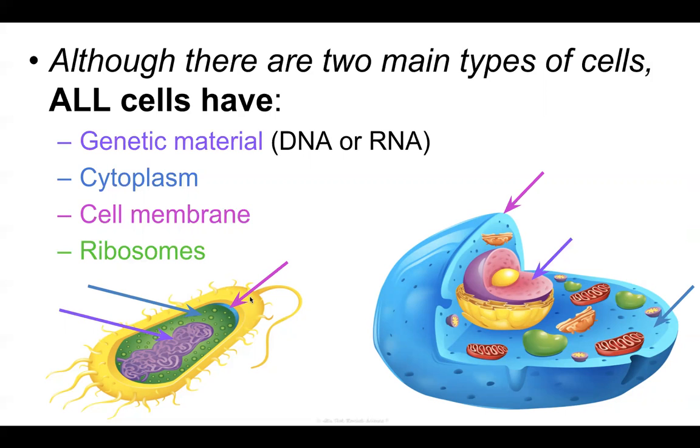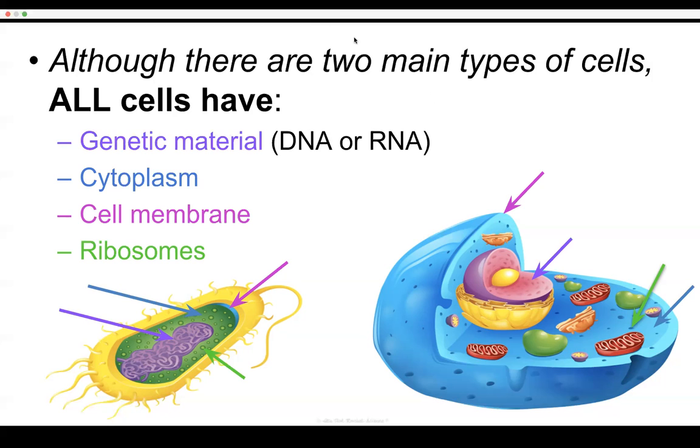It's not the outside yellow part, it's this inside blue. That's the cell membrane for the prokaryotic cell. And then ribosomes, these little dots and these little dots. So no matter what kind of cell it is, all cells have those four things. And that is what you need to know about cells and cell theory.